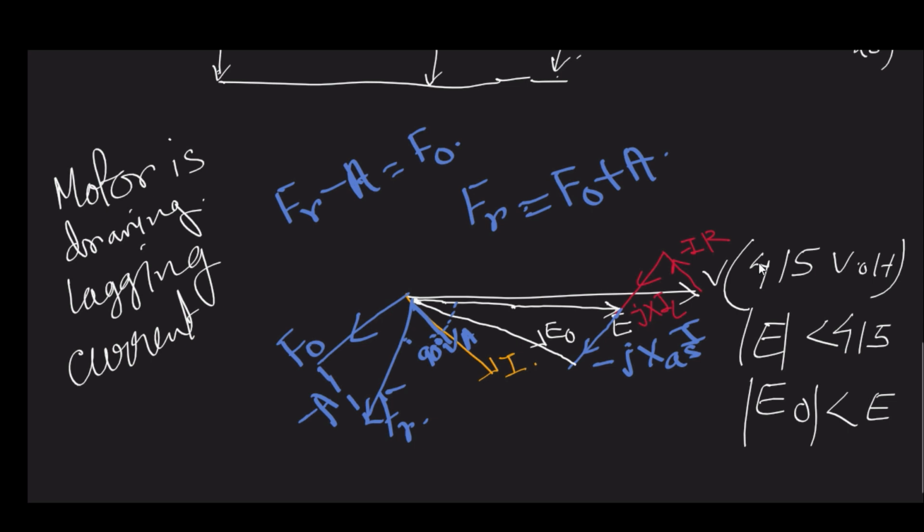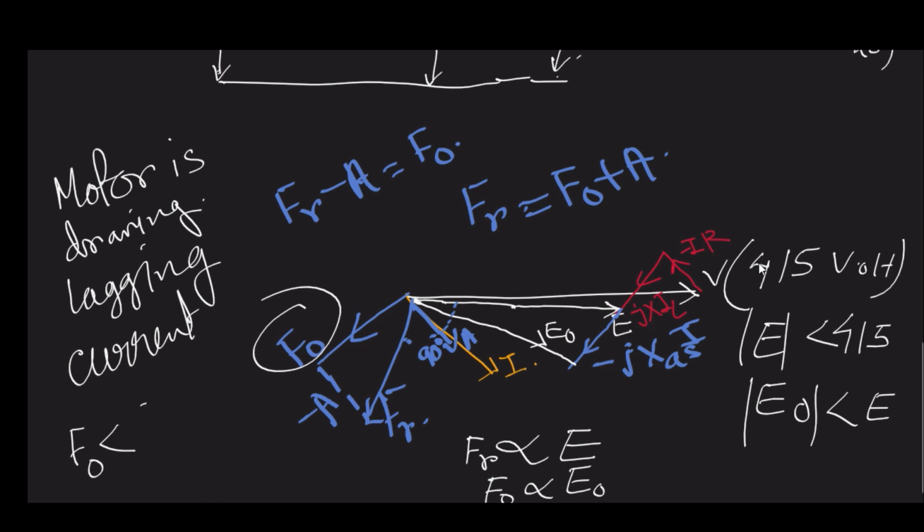What is that under excitation? If we assume linear circuit and consider that this FR is magnitude wise proportional to E and F naught is proportional to E naught, we have to conclude that this F naught is smaller than F rated. What is F rated?